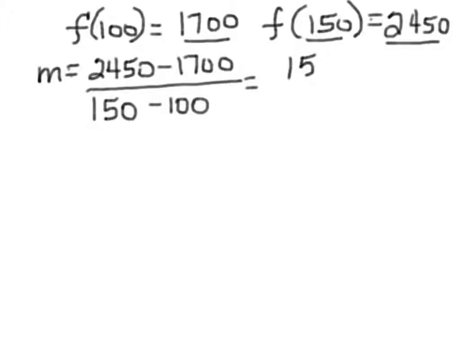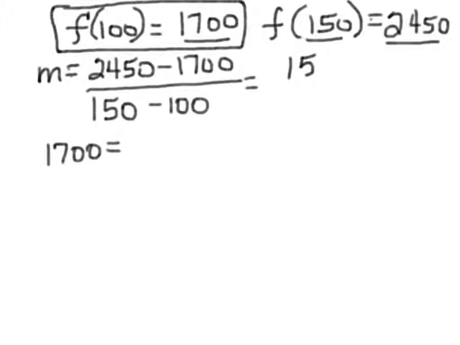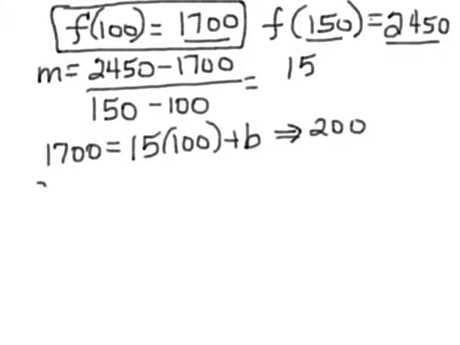So I still need to find b. Again, I like to use the smaller numbers, so I'm going to use an x of 100 and a y of 1,700 to find b. So now my b is going to be 200. So my function for part A is f of x is equal to 15x plus 200.